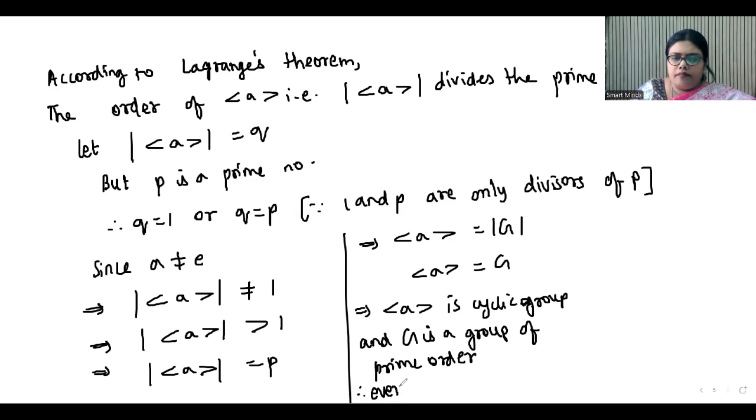Therefore, every group of prime order is cyclic. Hence proved.